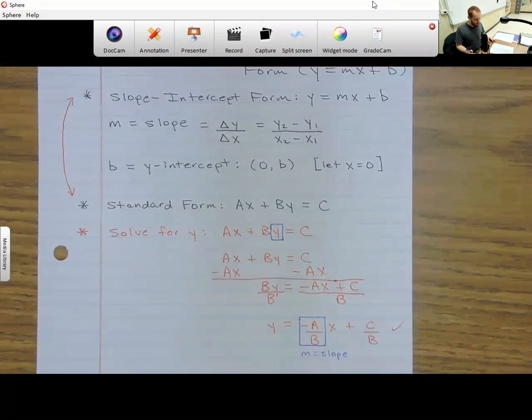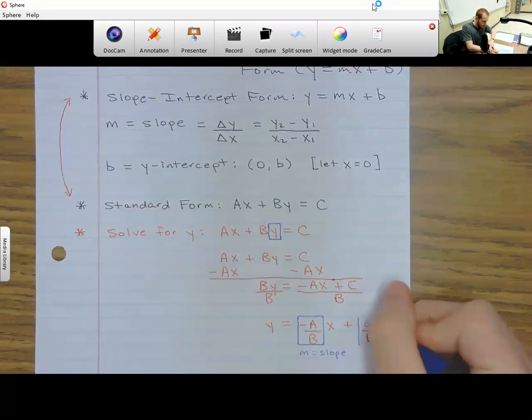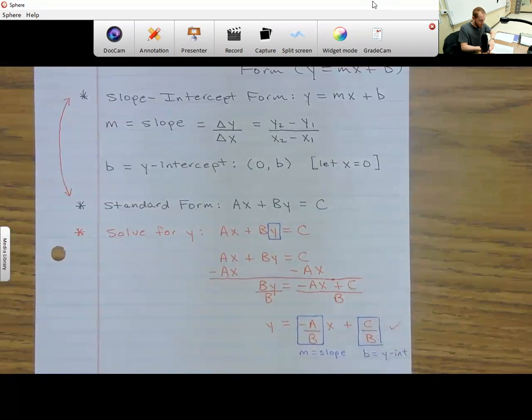And whatever number is being added off to the side, that's going to be my y-intercept. So this is my lowercase b or y-intercept. And I'm going to abbreviate it as y-int. Stands for y-intercept.